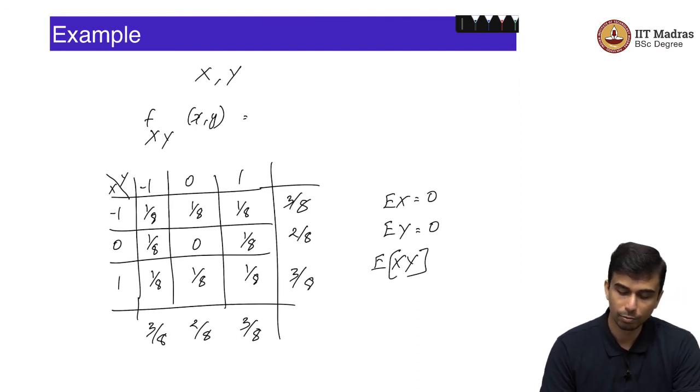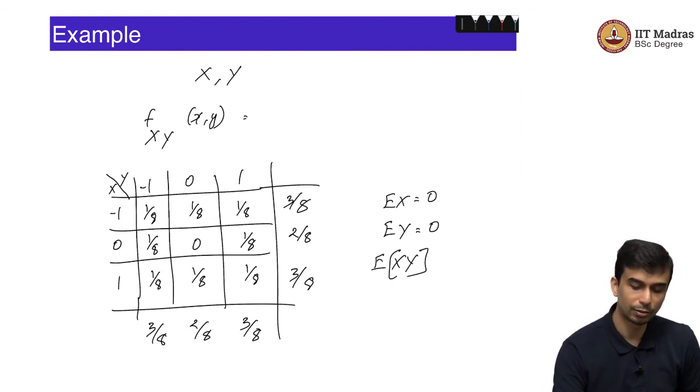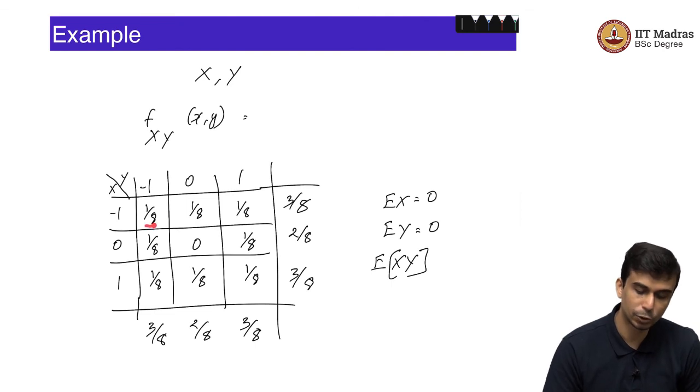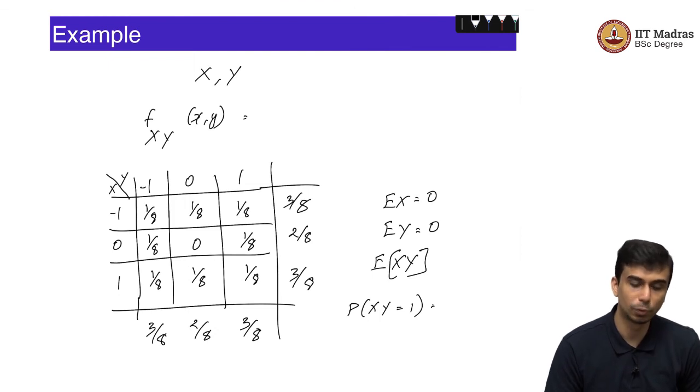What is E[XY]? XY can take values 1, 0 or -1, since X can take values -1, 0, 1 and Y can take values -1, 0, 1. What is the probability that XY is equal to 1? That can happen when X is equal to 1 and Y equal to 1, or X equal to -1 and Y equal to -1, which corresponds to these two numbers, 1 by 8 plus 1 by 8, that is 1 by 4.